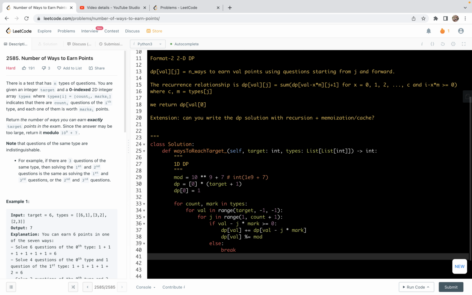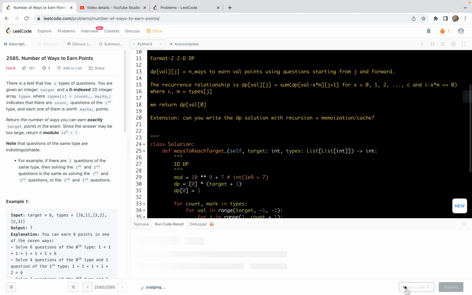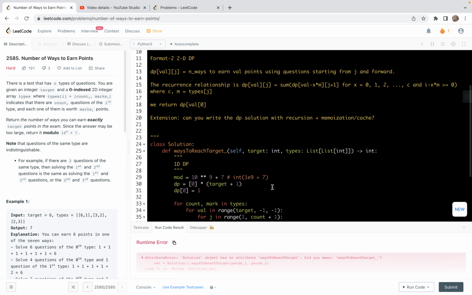This way we always keep dp[value] less than this number. Let's also use a break for early stopping. If j is too large, this number will be negative, which means that we cannot choose that many questions of current type. So we just use a break.